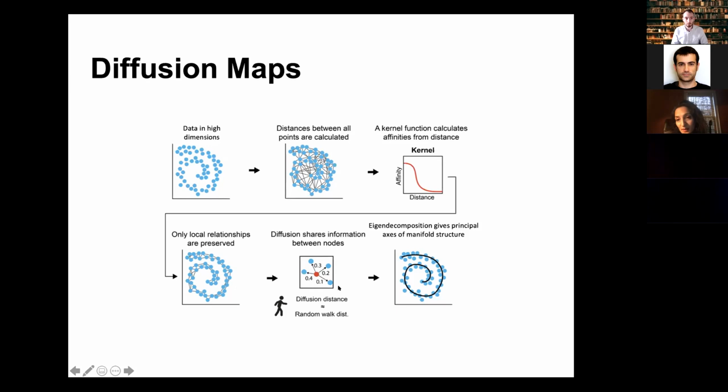Now, the next step the diffusion maps use is they actually use a random walk based on these probabilities. So you're standing on a particular point, and you have a particular probability of jumping to this neighbor and a particular probability of jumping to this neighbor. A random walk on a graph is also called diffusion on a graph.